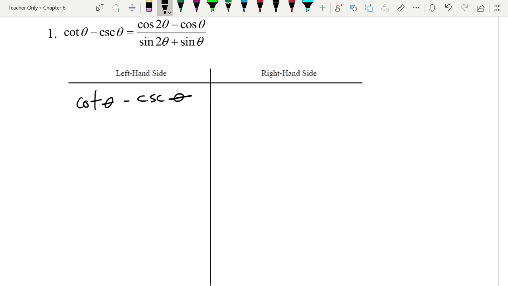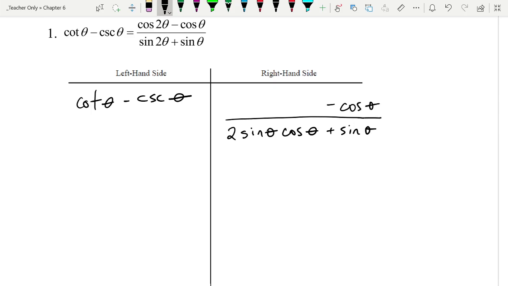So once again, sine 2 theta, I have no choice. I have to just change that to 2 sine theta cos theta plus sine theta. And of course, there's nothing I can do with minus cosine right now. But I'm looking at this, and I'm thinking to myself, look at my formula sheet. I've got 3 choices.